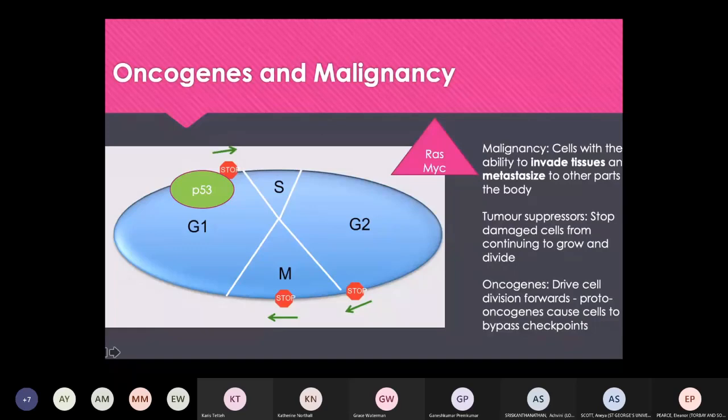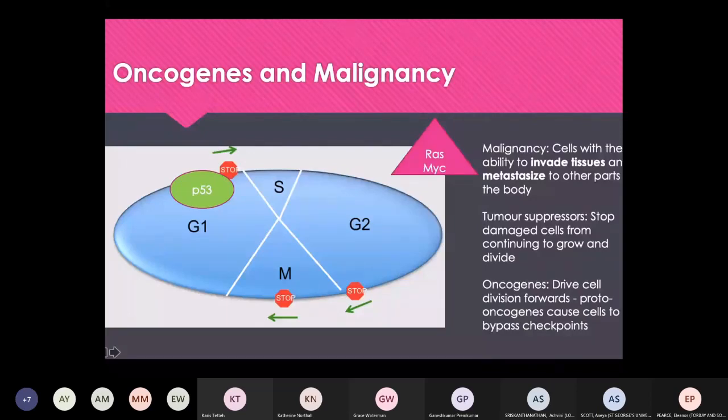And that stops damaged cells at that point from continuing to go round the cycle. If they're defective at that point, P53 means that they stop growing, stop dividing, and they exit the cell cycle and they die off. However, if you lose your P53, then you're more at risk for abnormal cells carrying on around the cycle and growing and dividing when they shouldn't have.